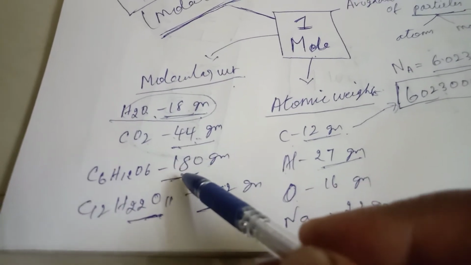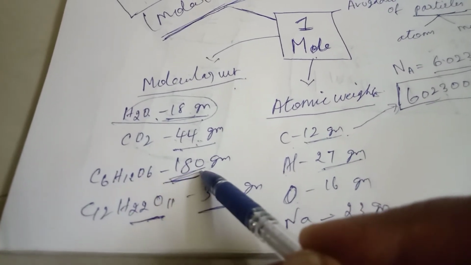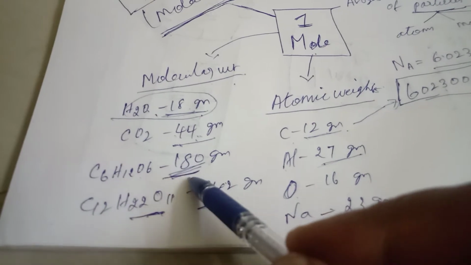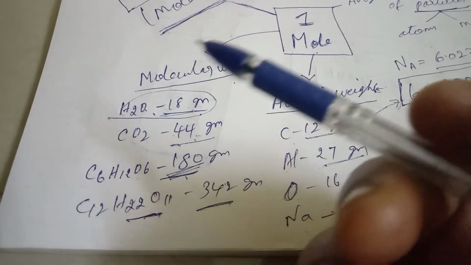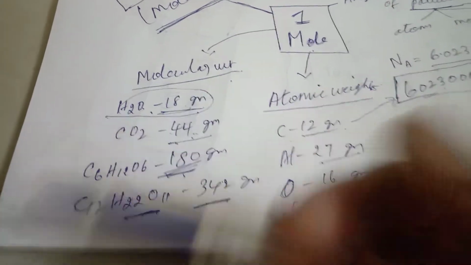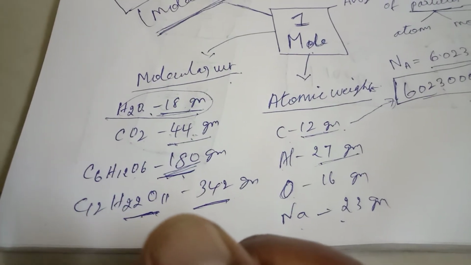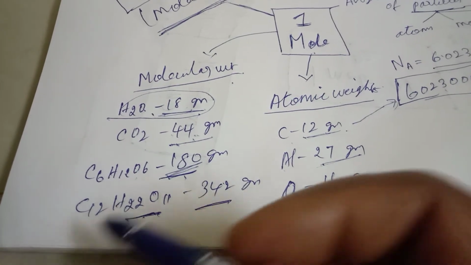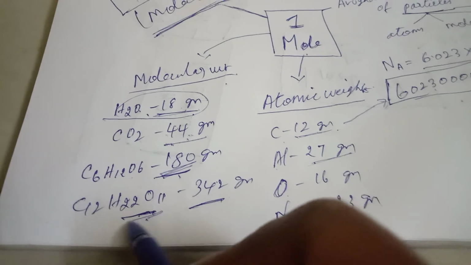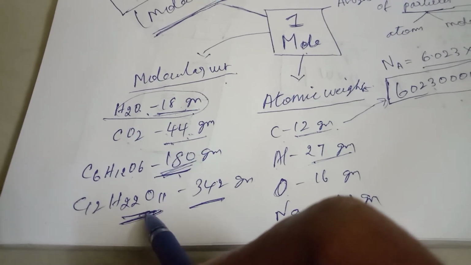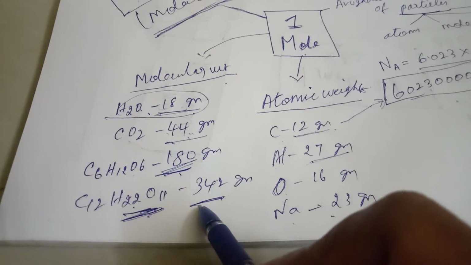Then glucose, molecular weight is 180 gram. So if I have 180 gram of glucose in my hand, I can say this is 1 mole of glucose. Like that, the thing we use daily in our kitchen, sugar, its chemical name is sucrose. Its molecular weight is 342 gram.